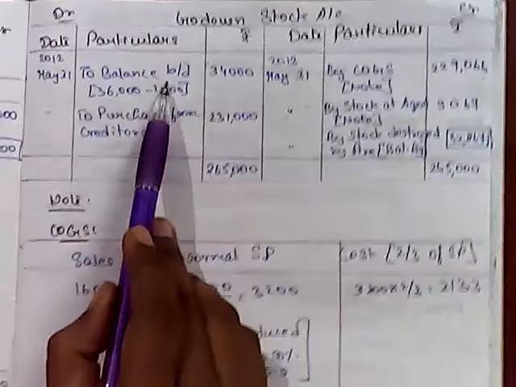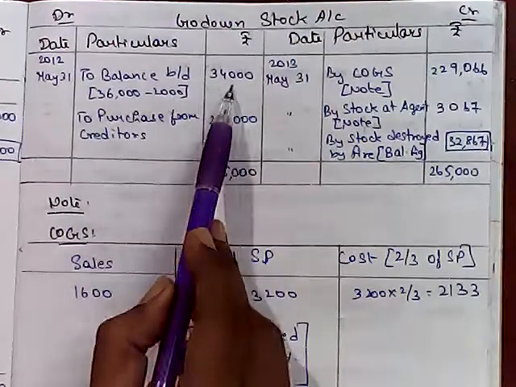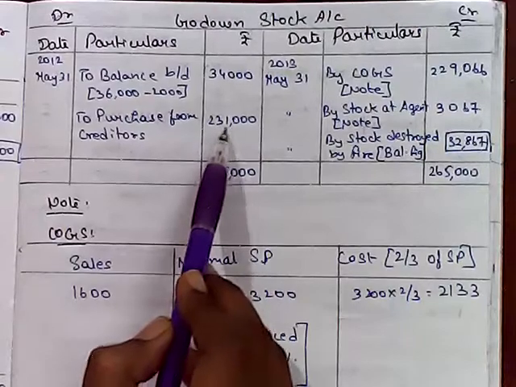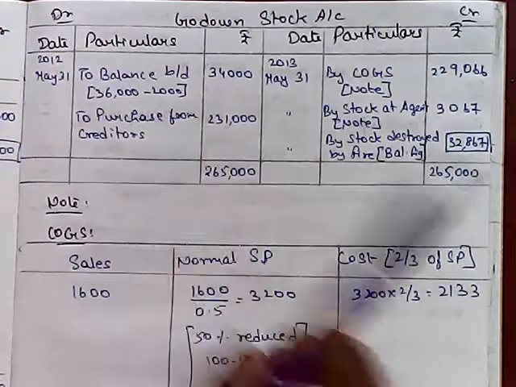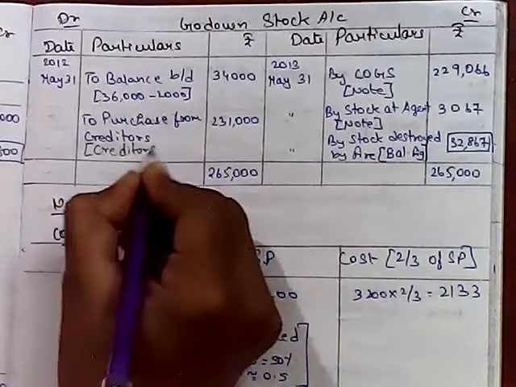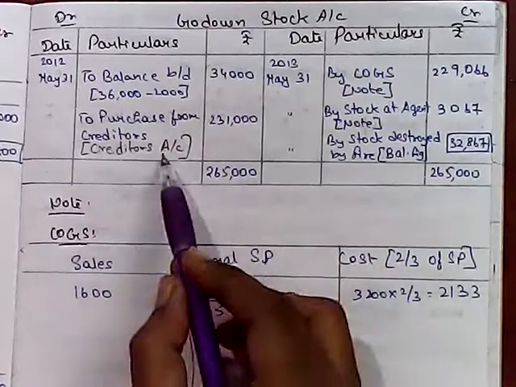This is your opening balance, which is 36,000 minus 2,000, 34,000, and to purchase from creditors is 2,31,000. This 2,37,000 we got from the creditors account. Okay, this is nothing but your balancing figure in the creditors account.